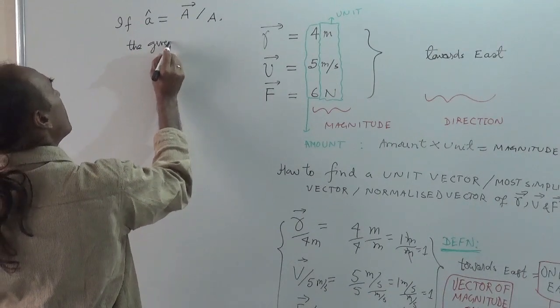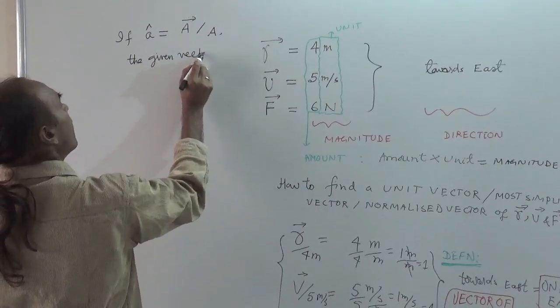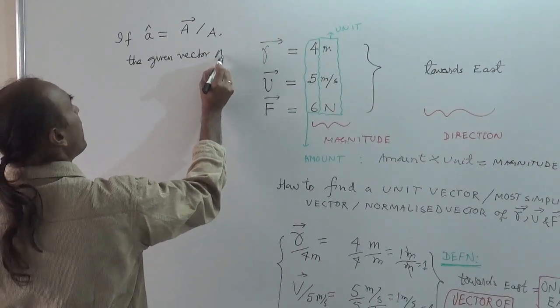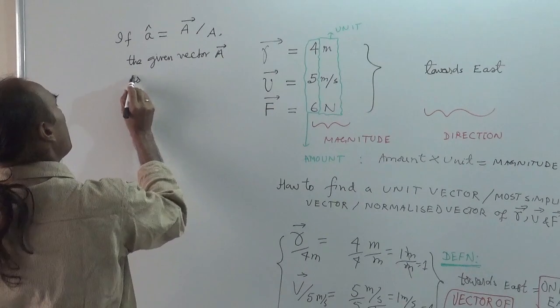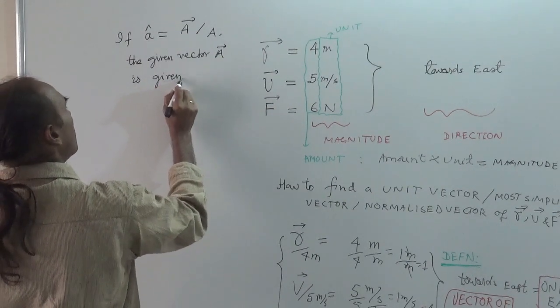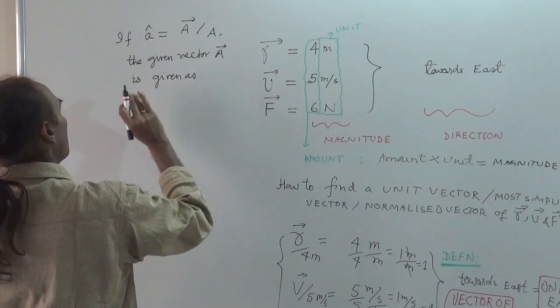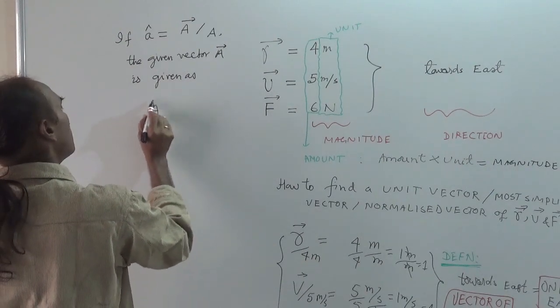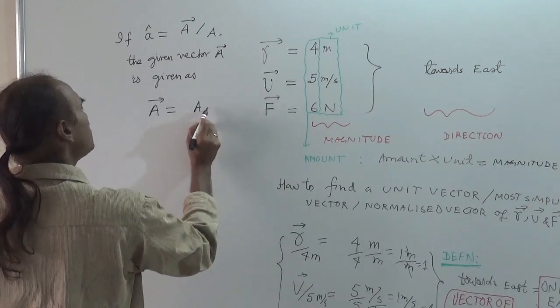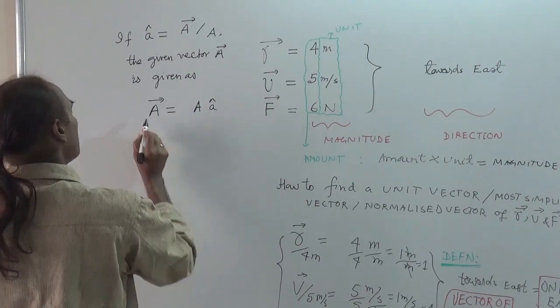If the unit vector of any vector is given as the given vector divided by its magnitude, the given vector A is given as the product of its magnitude and the unit vector.